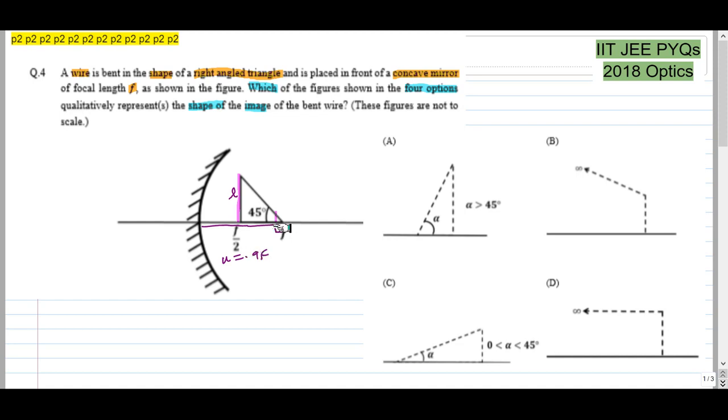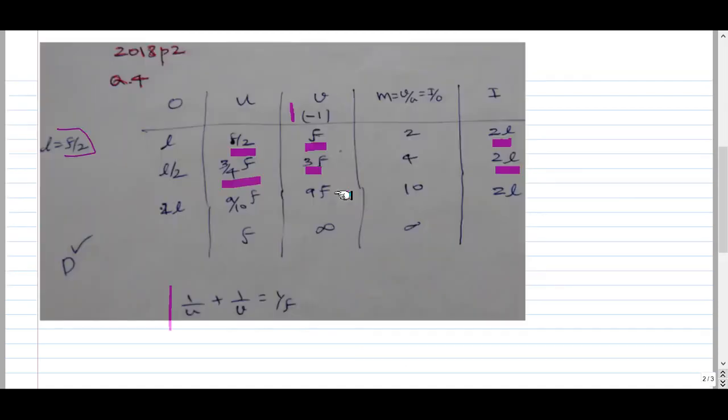So this distance is 0.1 f. So the object size will be 0.1 f since it's a 45-degree triangle, and 0.1 f is the same as 0.2 L because f is 2L. So the object size is 0.2 L.